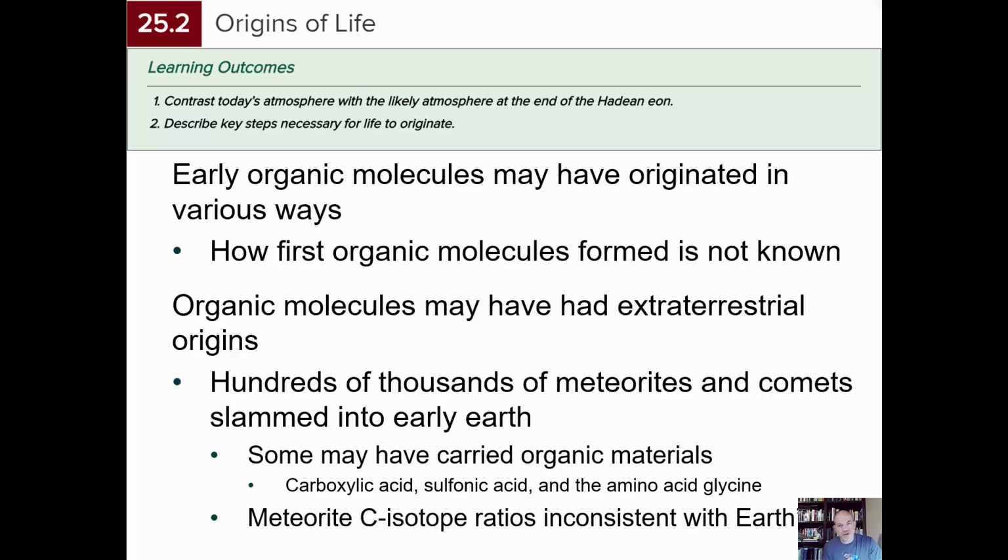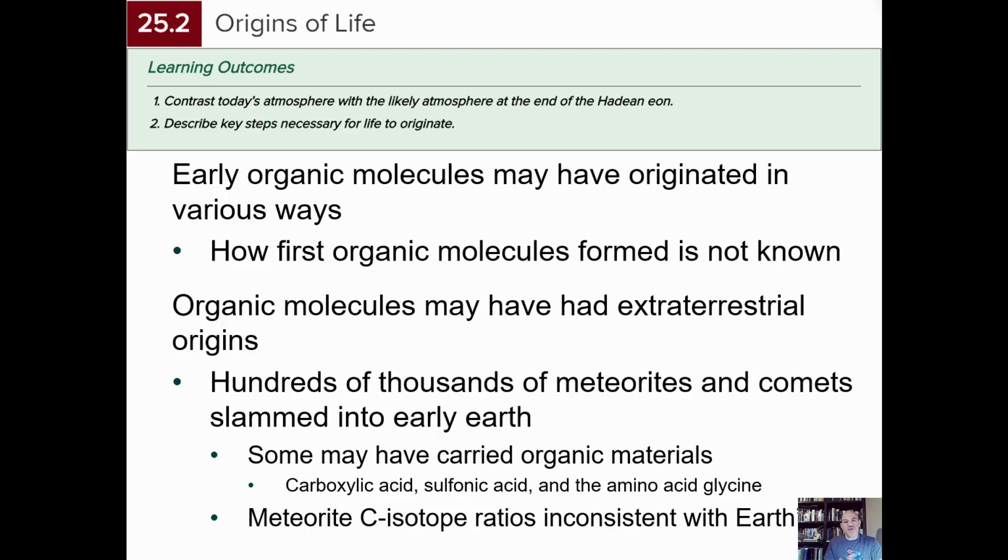So in this section, we're going to explore the origins of life. One of the first things we're going to do, as an objective, is to explore and contrast the difference between what is thought to have been the early atmosphere on Earth, which is considerably different than today's atmosphere.